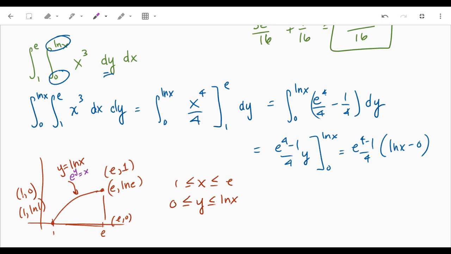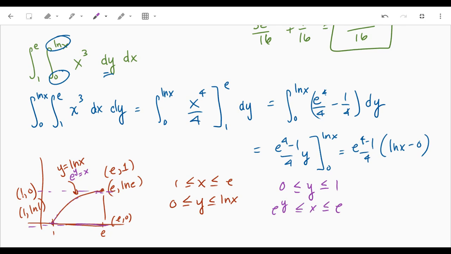So just rearranging that equation, solve it for x instead of y, then what I can do is, y is between 0 and 1, and x is between this function, which is e to the y, and e.